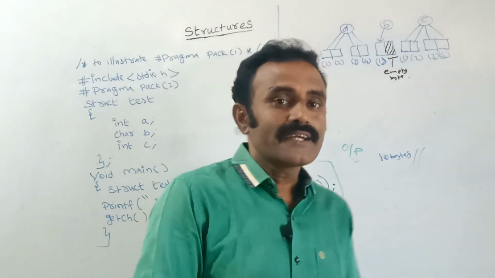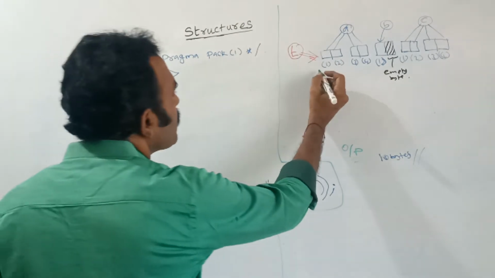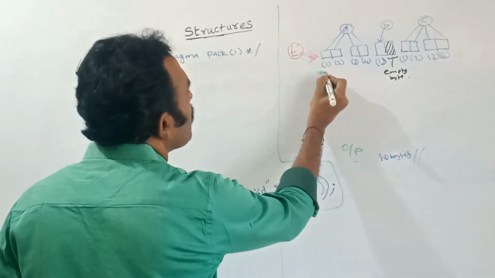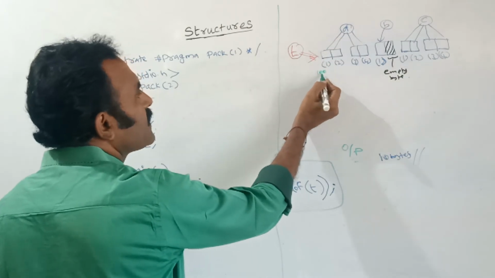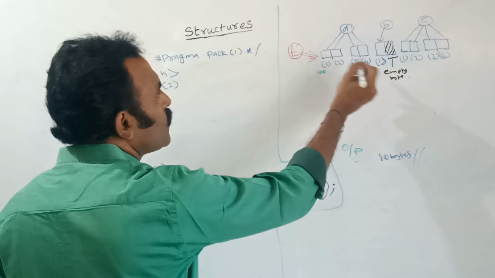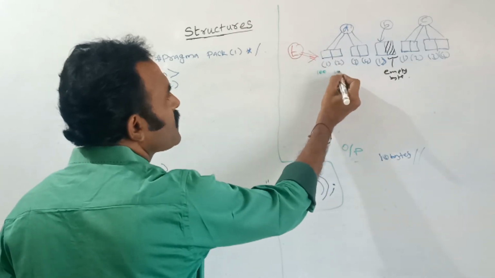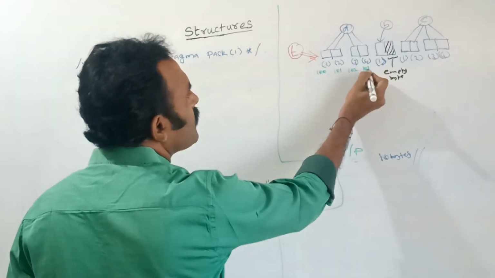See, let us assume it is starting from, for example, 100. The address of this location, A of 1, is located in the memory at 100. This is 2 byte alignment. So here this one is 101, this one is 102, this one 103.